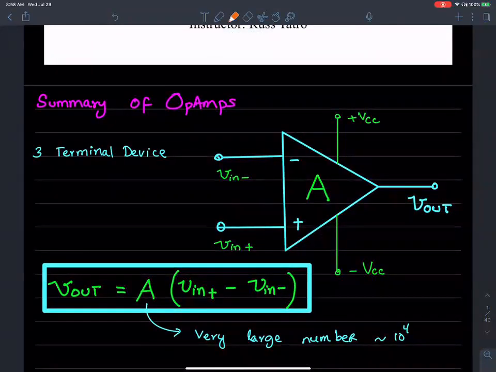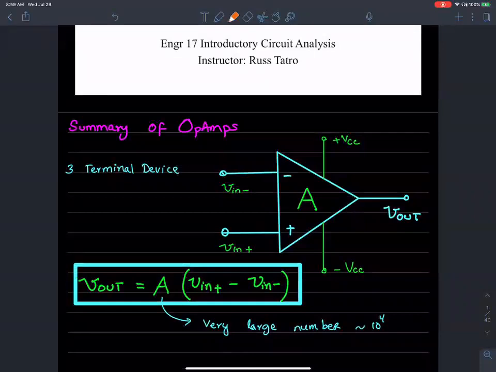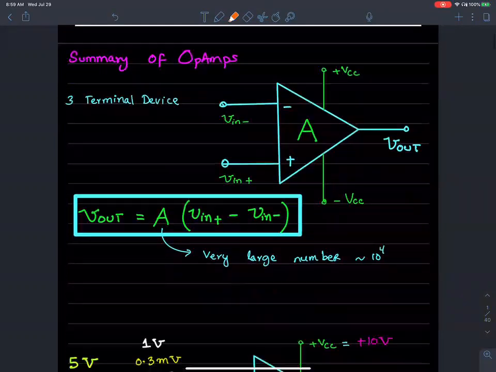Now the output is an amplified version of V input plus minus V input minus. Typically the open loop gain, A, is called the open loop gain, is a really large number.